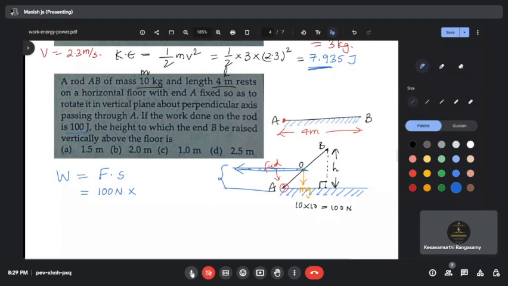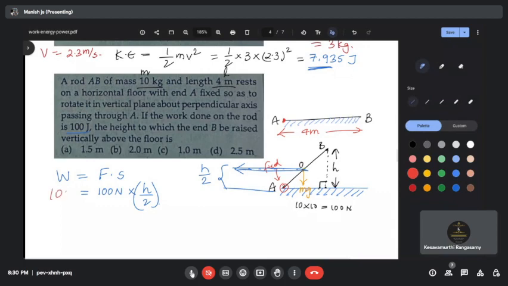With respect to the center of mass, it will be half of the height, isn't it? It will be h by 2. So displacement is nothing but half of the height with respect to the center of mass. So here is where most of you would go wrong. You would just directly substitute the height and solve. So this is something you'll have to be careful about. So it's h upon 2.